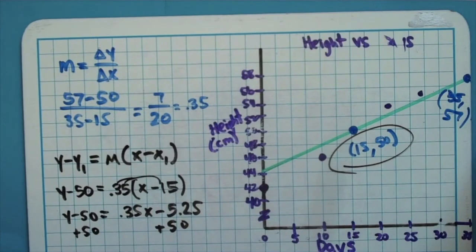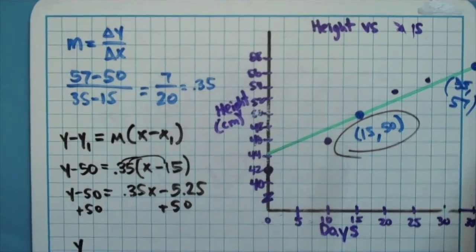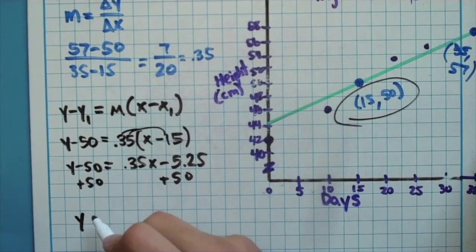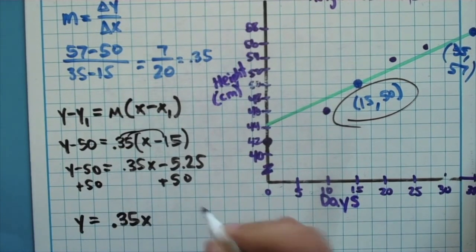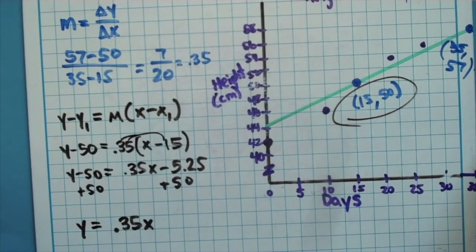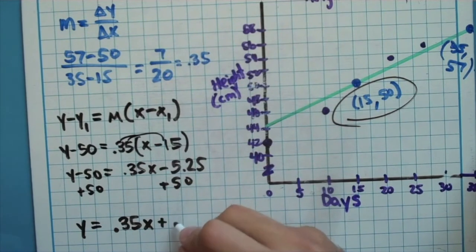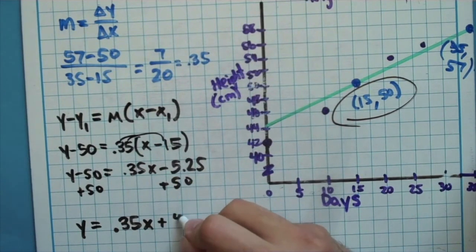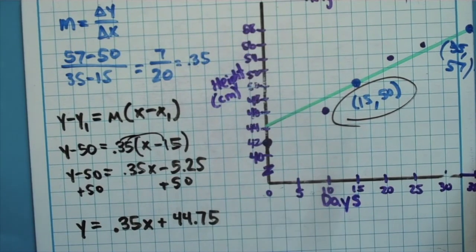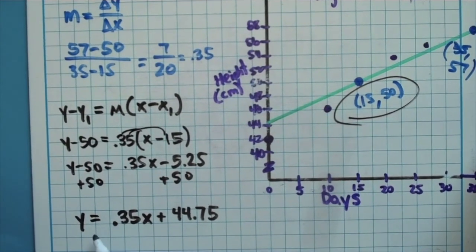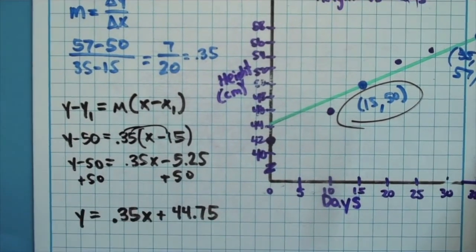So my final equation right here is going to be y equals 0.35x plus 44.75. So this would be my equation for my line of best fit.